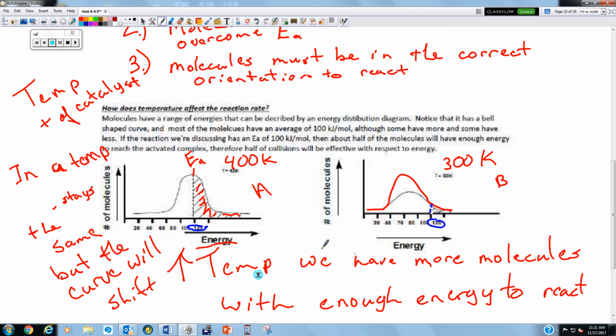So at the higher temperature... well, sorry, let me make sure I say this correctly. In a reaction where temperature is involved, activation energy stays the same.